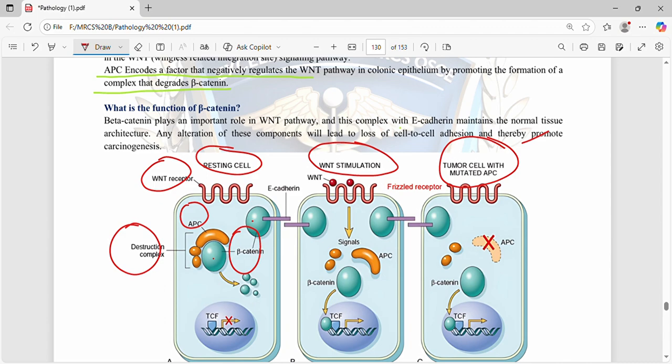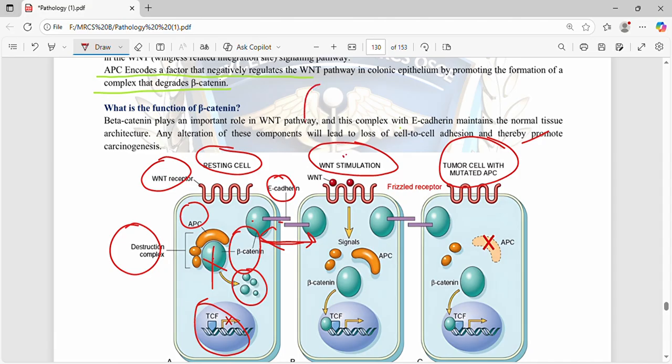So the APC destroys or inactivates the beta-catenin, and it cannot stimulate the cell. Also, the beta-catenin is attached to the E-cadherin, so they form adhesion and help hold the cells together. This is the normal mechanism.